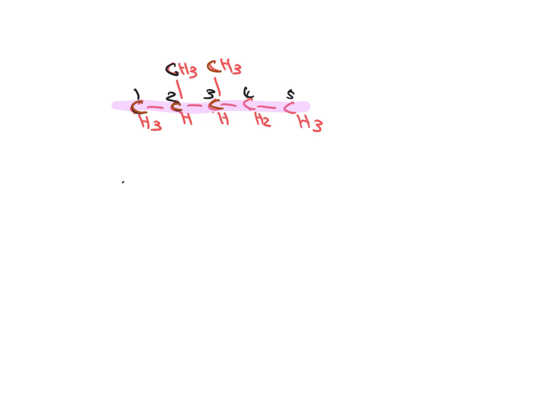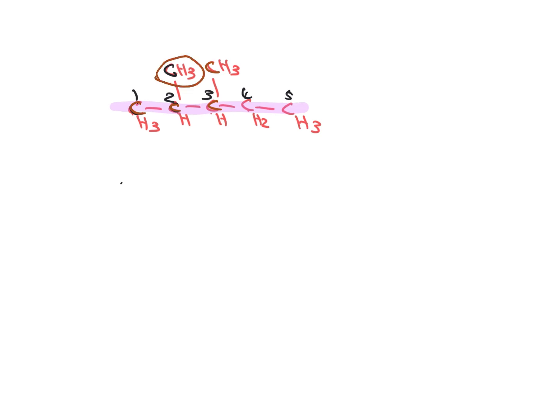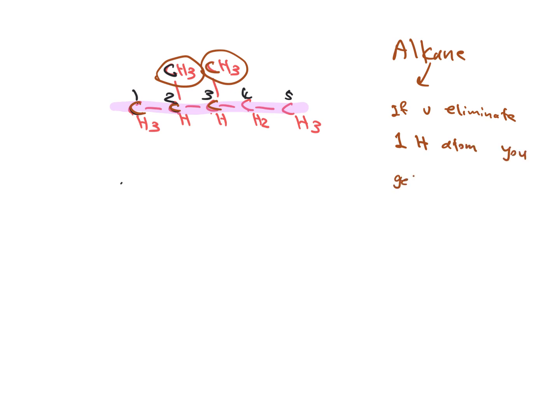And then the next thing that we do, we find substituents. Substituents are groups attached to the main chain of a molecule. So here we have like 2 substituents. And if you drop 1 hydrogen from an alkane, if you eliminate 1 hydrogen atom, you get an alkyl.